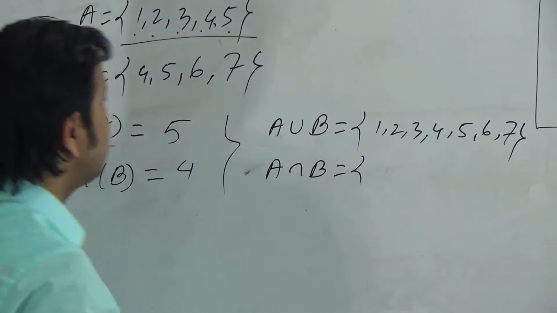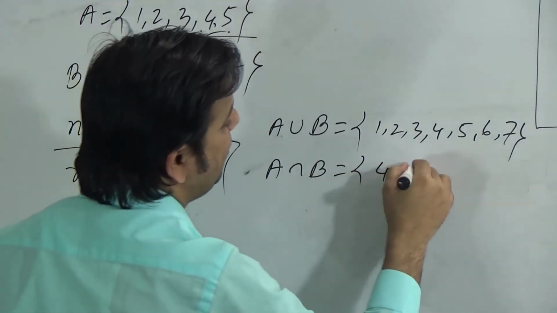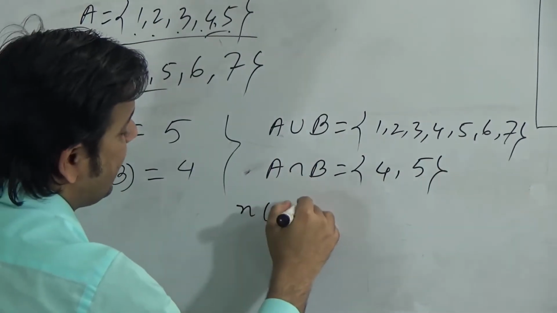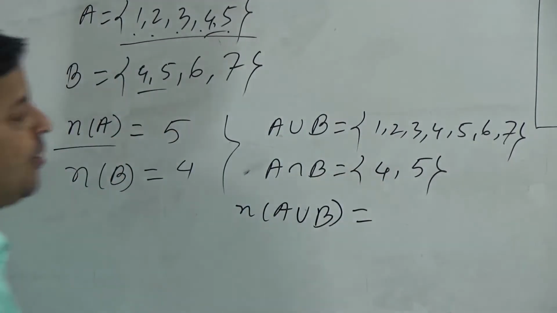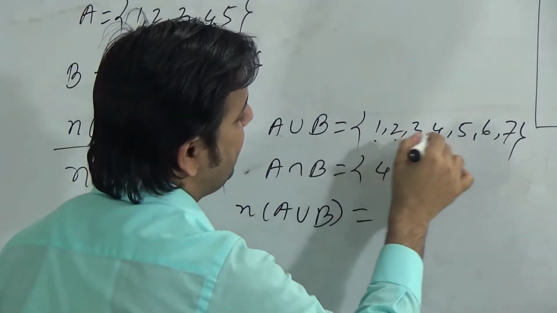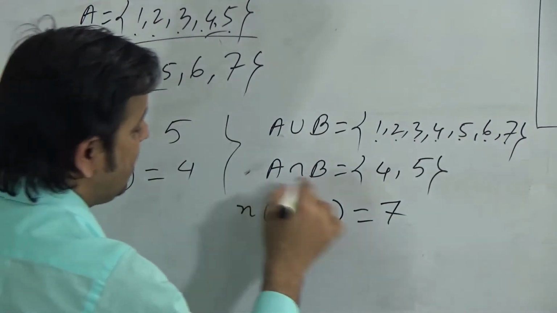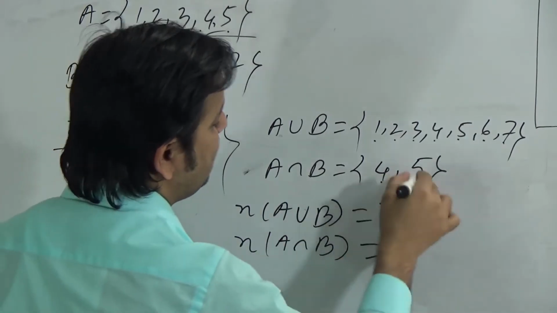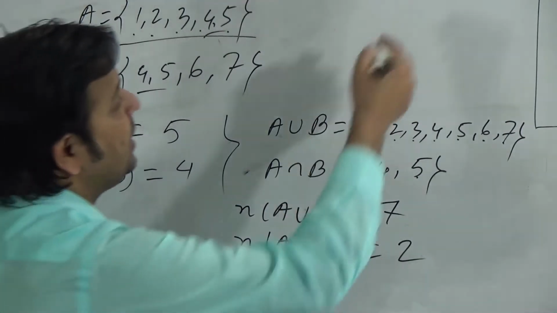What is the intersection B? 4, 5 is common here, so we can write here 4, 5. Now number of elements of A union B. Here this one will be, how many elements here? 1, 2, 3, 4, 5, 6, 7. 7 elements. Number of elements of A intersection B will be 1, 2. 2 elements here.